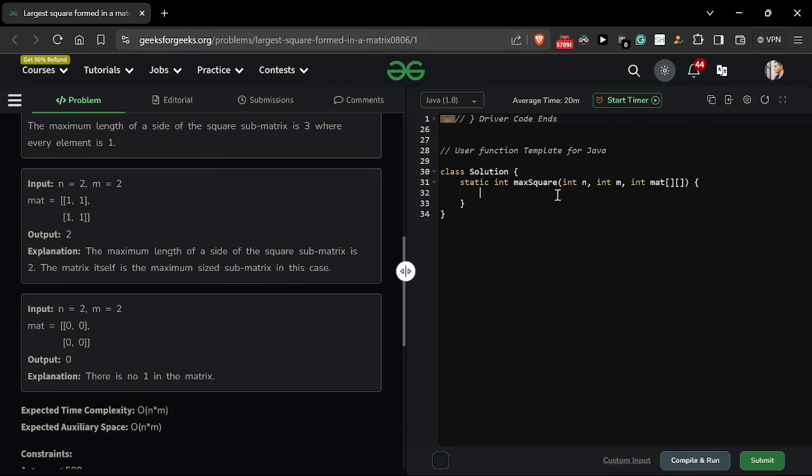So we will utilize the matrix given. Let's start a loop starting from 0. We only iterate on the 1s, and have an answer variable.